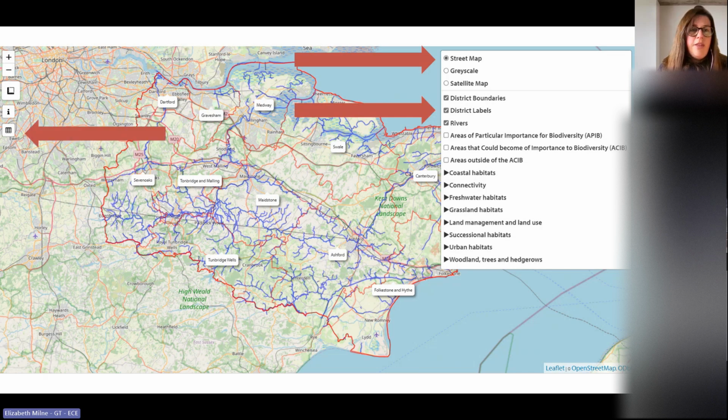Also, from this page, you can see that there's a little table to the left-hand side. By clicking on that, it will bring up all the information about the mapped measures. On the right-hand side, you've got the priority groupings for the measures. When you click on that and get the drop-down box, all you will see is the reference number for the potential measure.